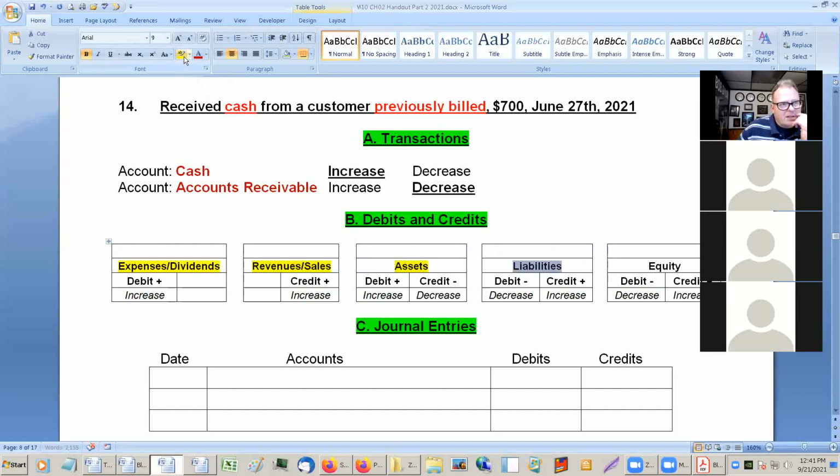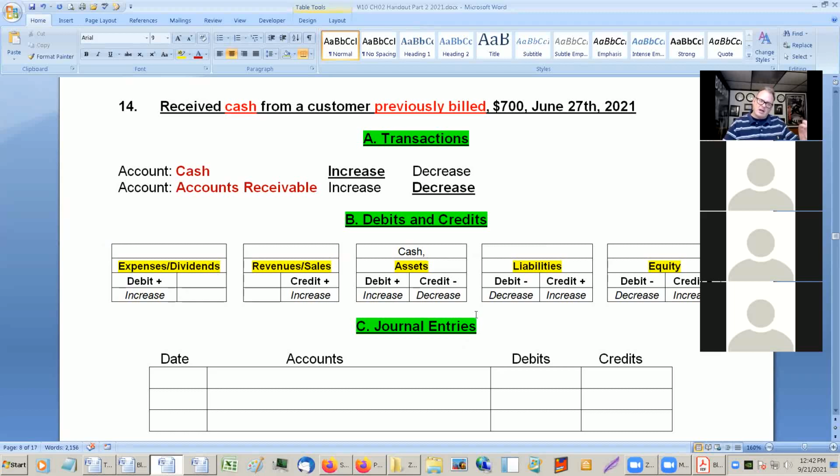So these are basically the choices you have for where these accounts go. And yes, cash is an asset. And accounts receivable? Liabilities. Nope. An asset. Yeah.